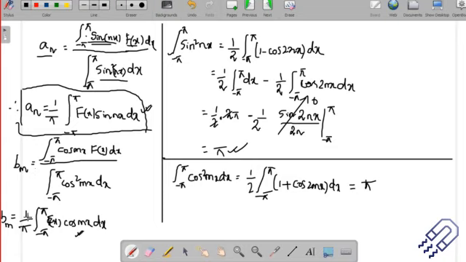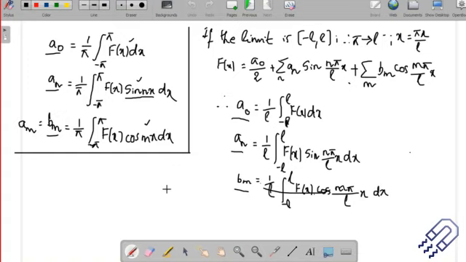So we have a0, an, and bn. Using a similar procedure, we have to be a bit more clear with the integration steps. We should know these steps, which is expected since you are in class 12. Based on these three results, we have the constants a0, an, and bn.